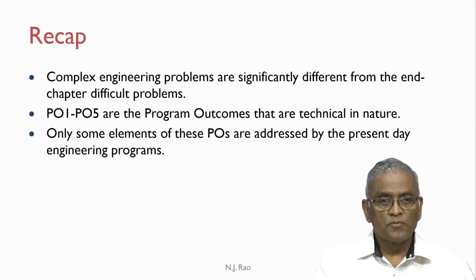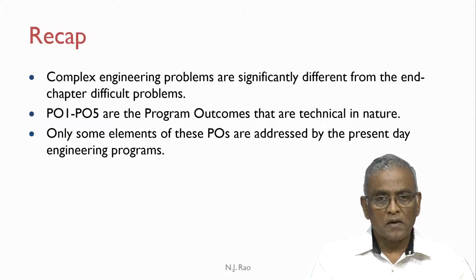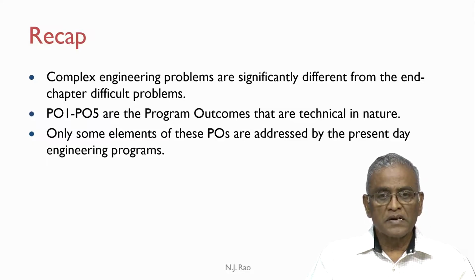And out of the 12 program outcomes identified by NBA, the first 5 are dominantly technical in nature, and that is why we grouped them into one group. Even in these technical outcomes, we further noted that only some elements of these POs are addressed by present day engineering programs.